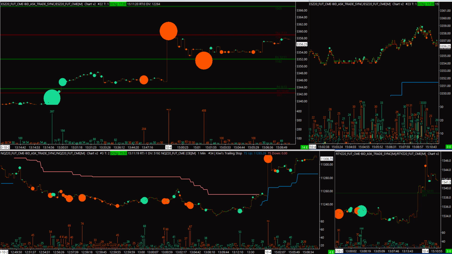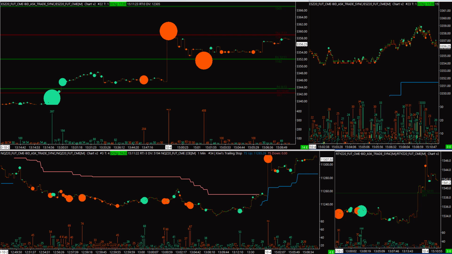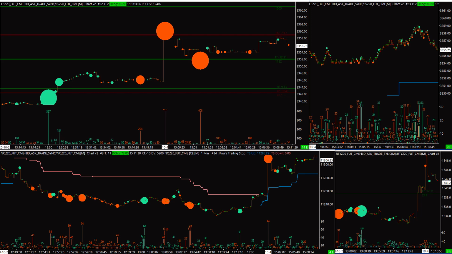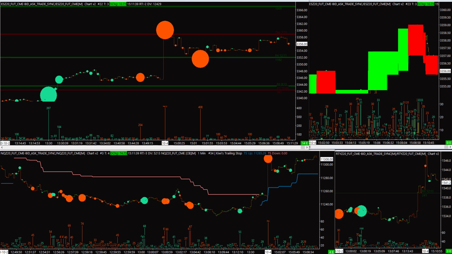I also need to clean it up because it's got a ton of studies. Give me just a minute. What just happened to my chart?